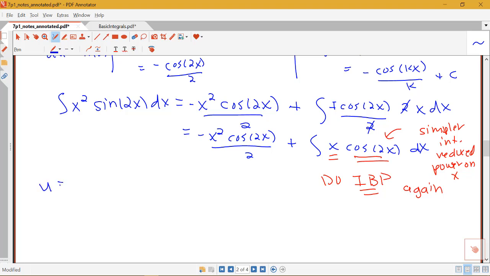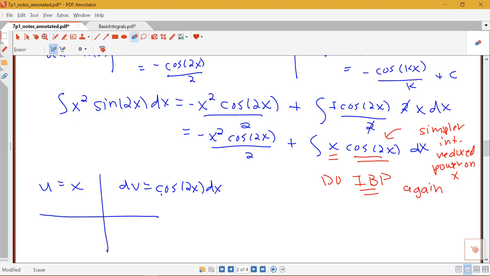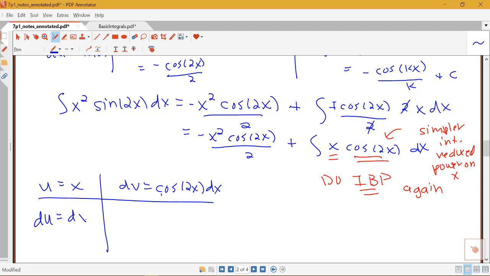So we have to do integration by parts again just on that piece. So I need to identify a u and a dv. Well, I want to let u be that algebraic x part, and then dv will be my cosine 2x dx. And then I can go about finding my du and my v. So du will be dx. v will be the integral of cosine 2x.